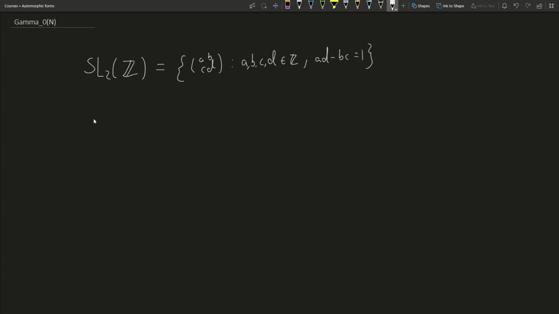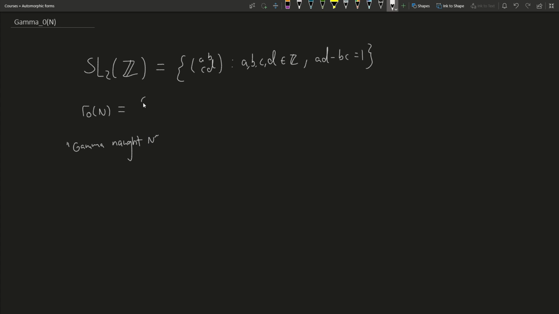And then subgroups of SL2Z that we're going to talk about a lot are subgroups called gamma not n. So this is gamma, and then not is this British word for 0.